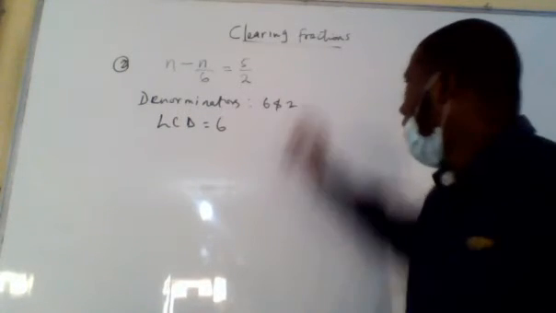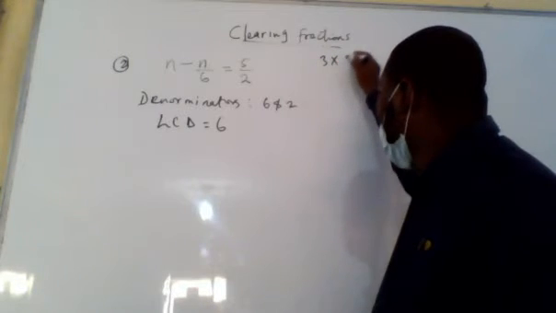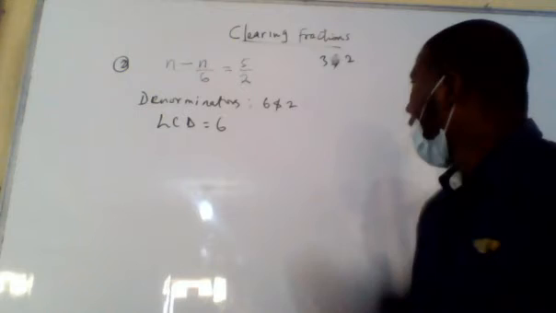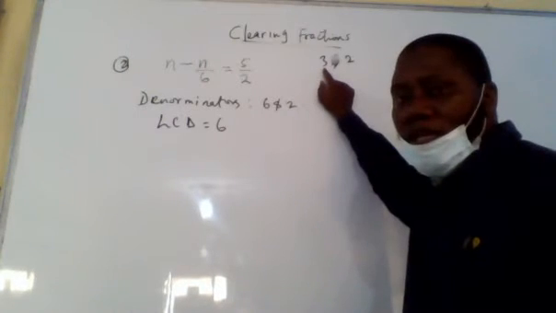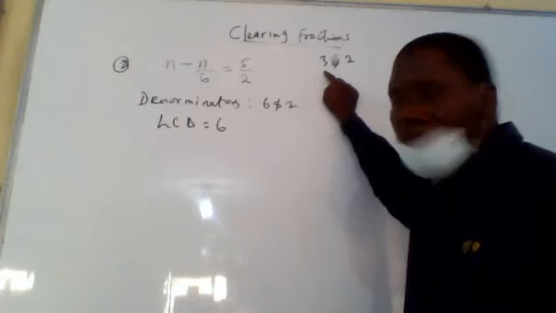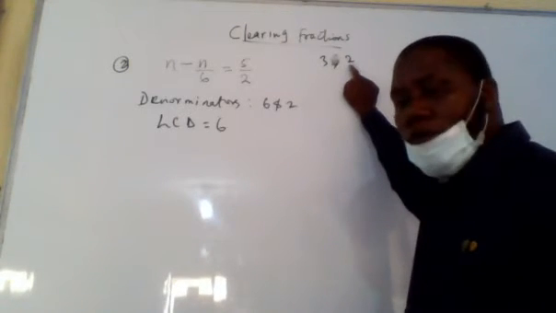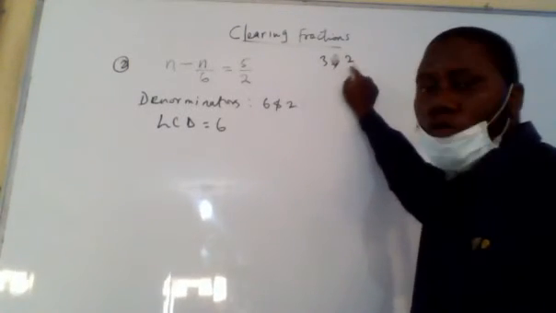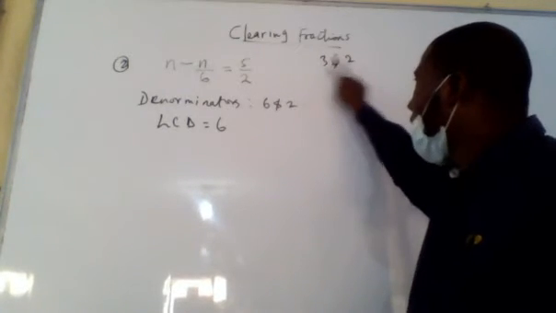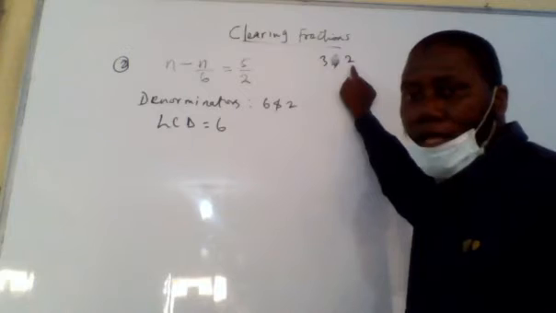What if you have 3 and 2 as the denominators? In this case, 3 can go into 3, but 2 cannot go into 3. 2 can go into 2, but 3 cannot go into 2. So for us to get our LCD, we multiply the two together.